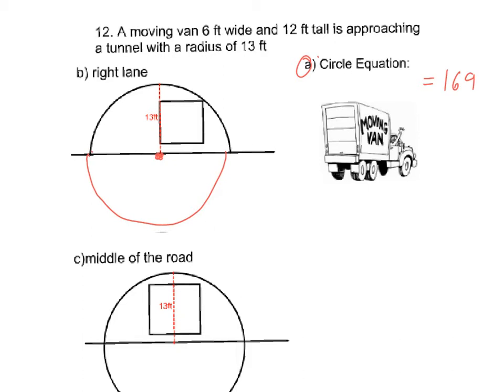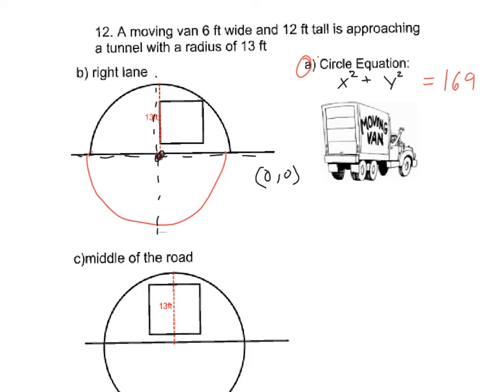We also know that if we're talking about this as the center of a graph, the middle of the tunnel would be at the point (0, 0). We also learned yesterday that it's just going to be x² + y².